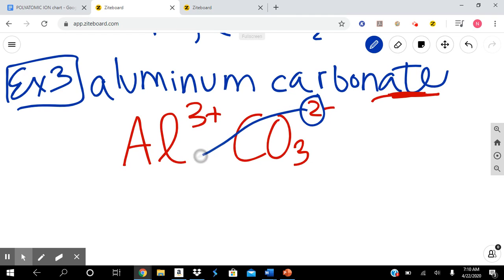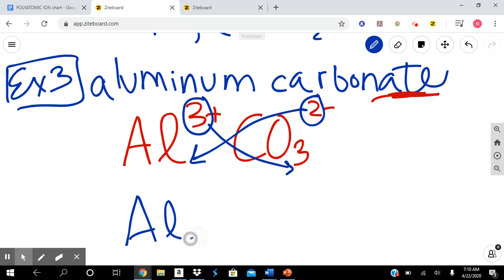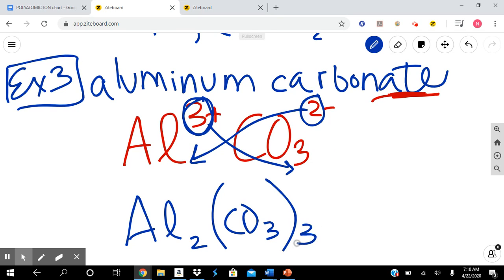So I cross the 2 down here, and I cross the 3 down here. So Al2, polys get parentheses, CO3 is carbonate, and this 3 goes on the outside of the parentheses. So you can have a double crisscross.